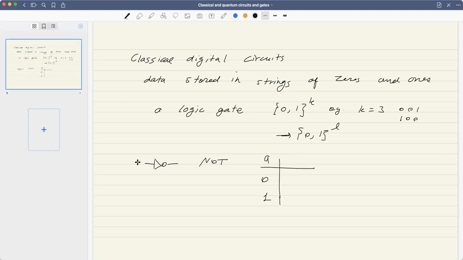Suppose a comes here and not a goes out. Then not a, if it's 0, it becomes 1. If it's 1, it becomes 0. So that's a single bit gate that's used very often in all digital devices and computations.